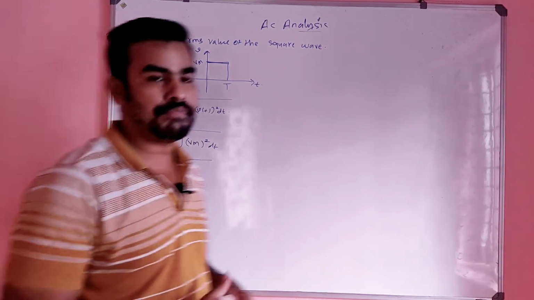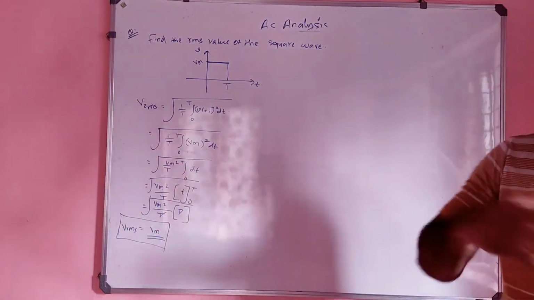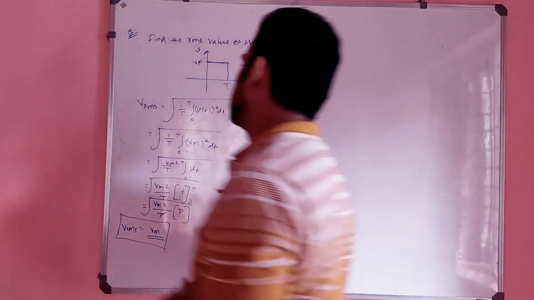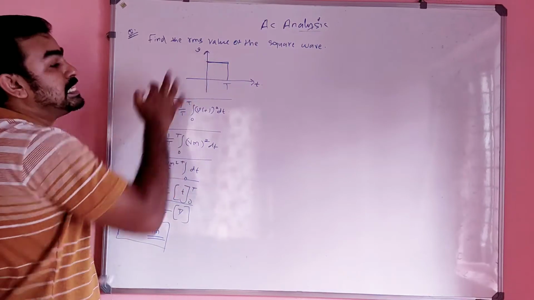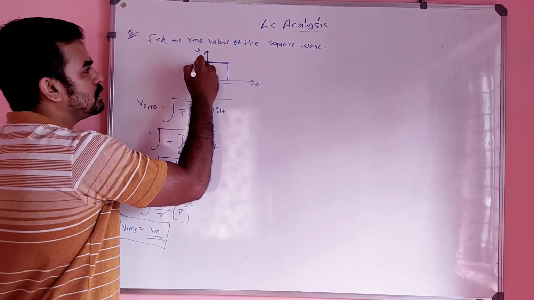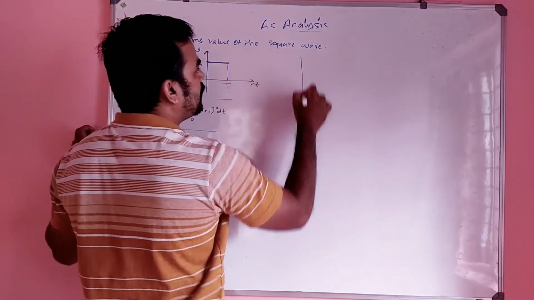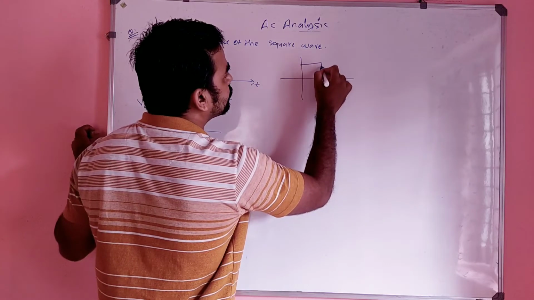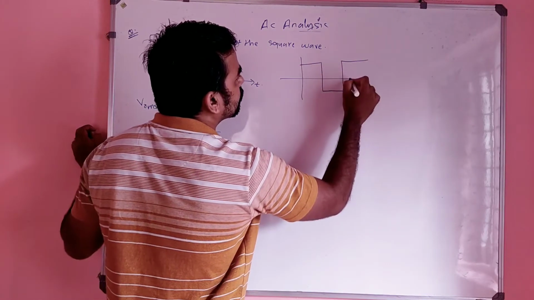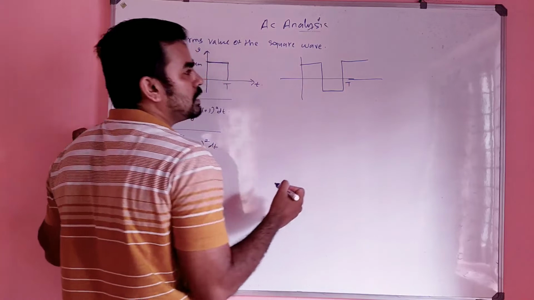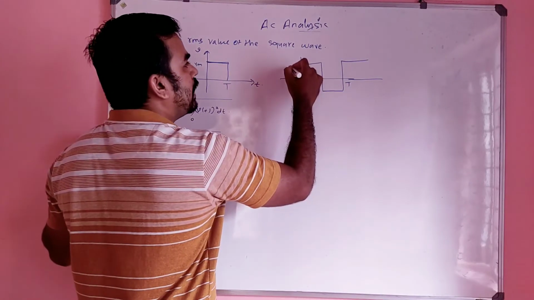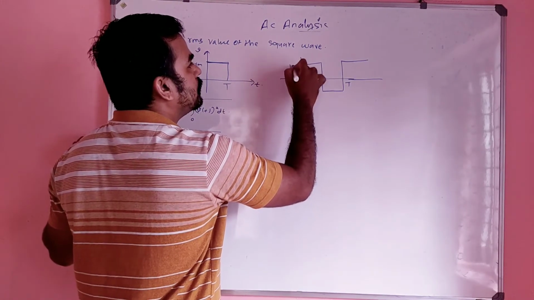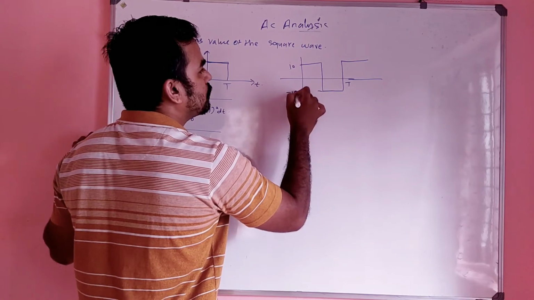So the RMS value of a square wave: suppose you have any square wave, there may be some other value instead of this. Suppose this is Vm. In any question you may be given, say, 10 volt here and minus 10 volt here.